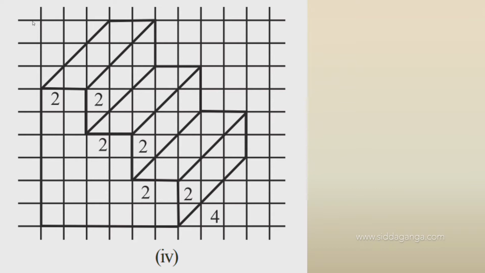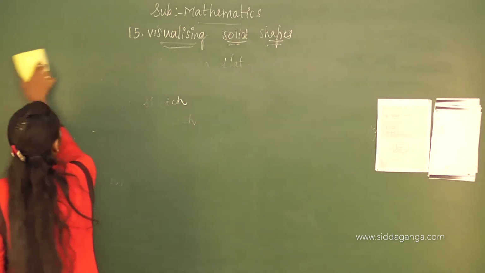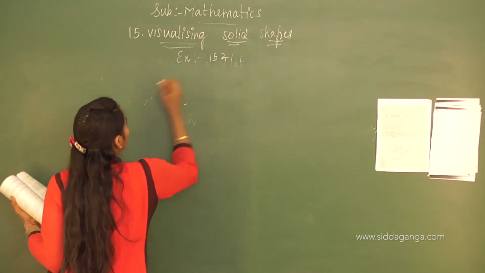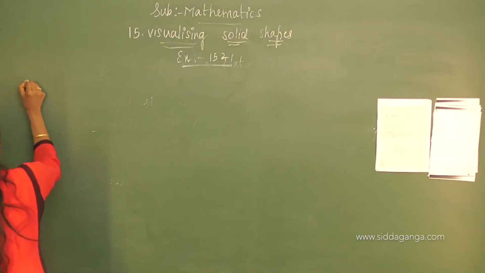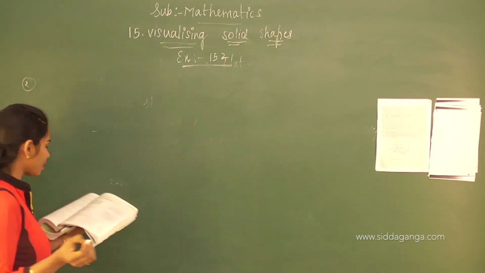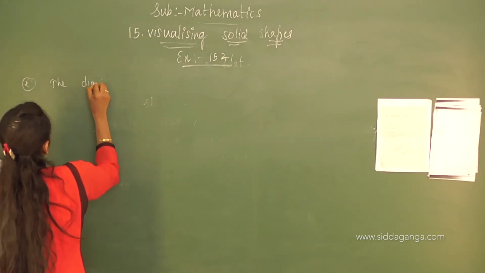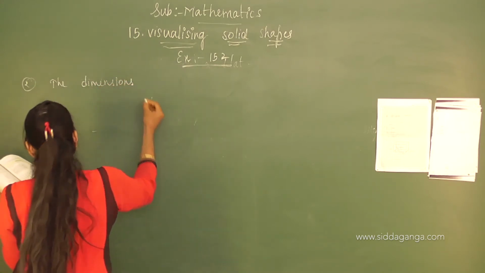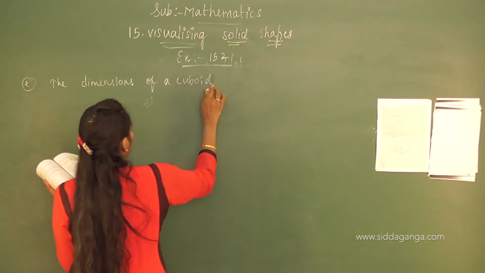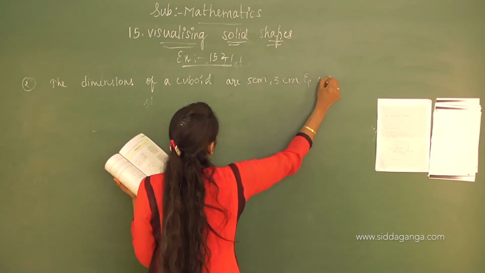The dimensions of a cuboid are 5 centimeters, 3 centimeters and 2 centimeters.